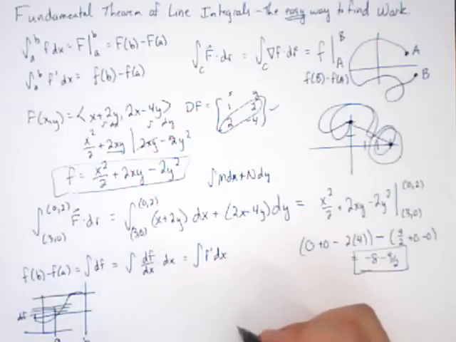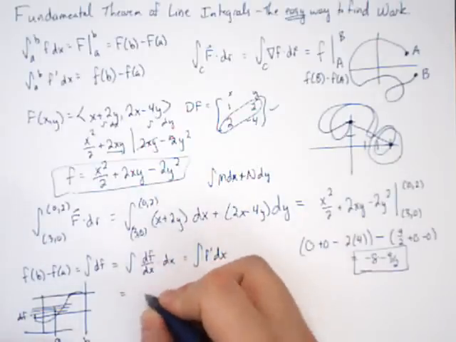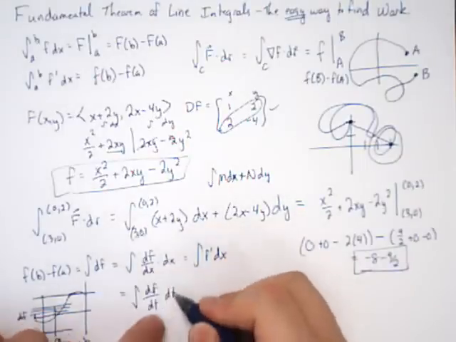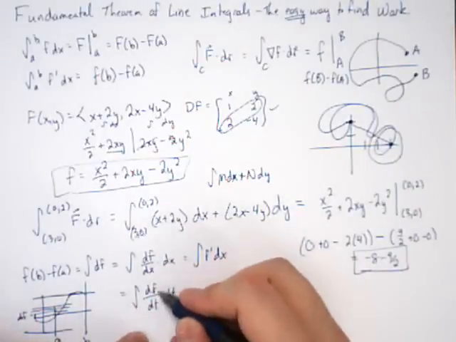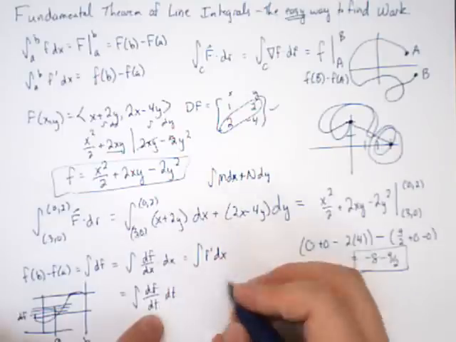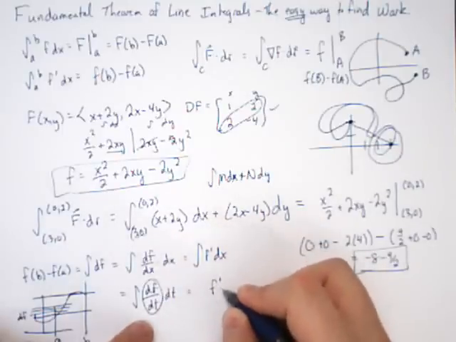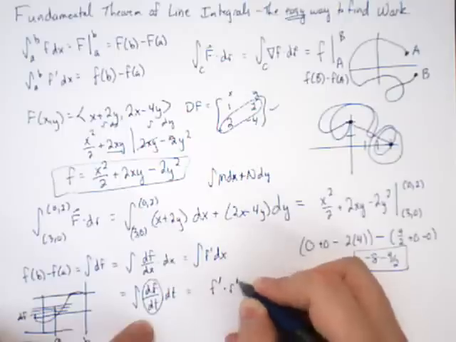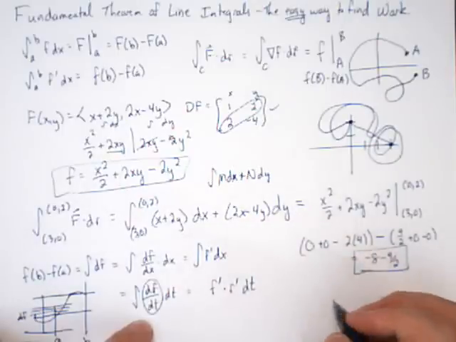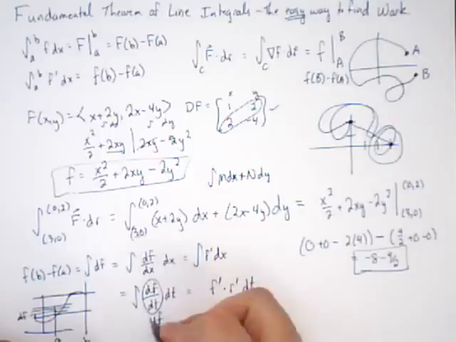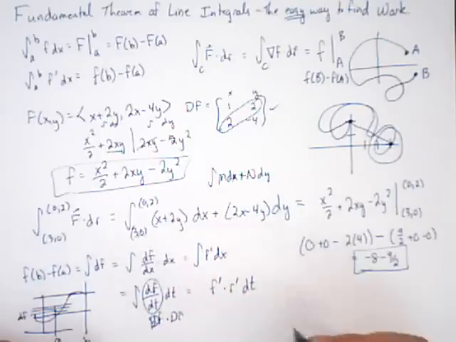We're now going to jump over into a different realm. What if I take df/dt dt, and I change the variable from an x to a t? Well, if I think of this as a function in higher dimensions, since t is a time parameterizing a curve, then this is really f prime times r prime dt. By the chain rule, I can think of this as the derivative of f times the derivative of r, and I'm adding those up.